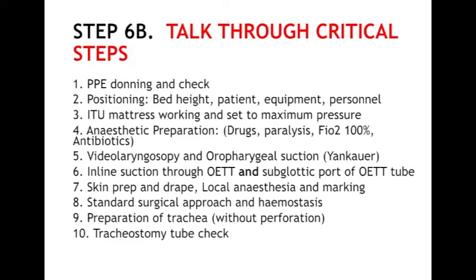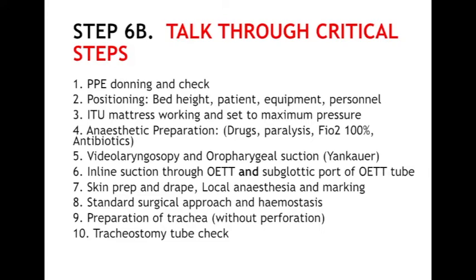required. Following appropriate PPE positioning and anaesthetic drug preparation, the anaesthetic team will perform some video laryngoscopy and oropharyngeal suction to clear the supraglottic secretions, particularly those that sit just above the cuff of the oral endotracheal tube, to be removed. Subglottic inline suction should also be performed at this stage.